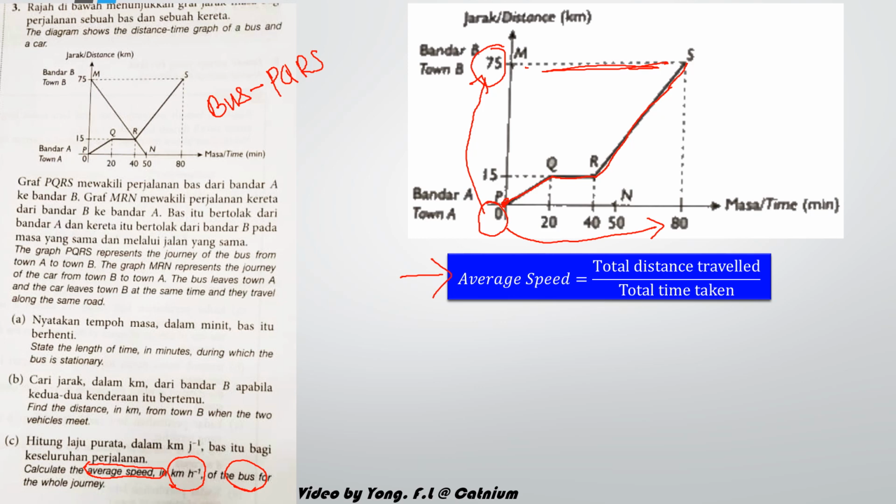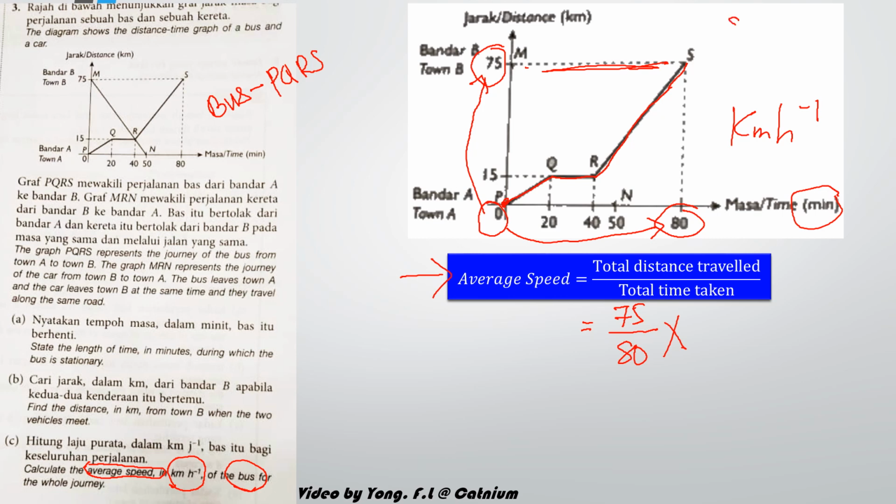According to the formula, average speed is 75 divided by 80, but this one is wrong because here it is in minutes. The question wants the answer in km per hour, meaning you have to change this to hours. So 80 you have to change to hours.